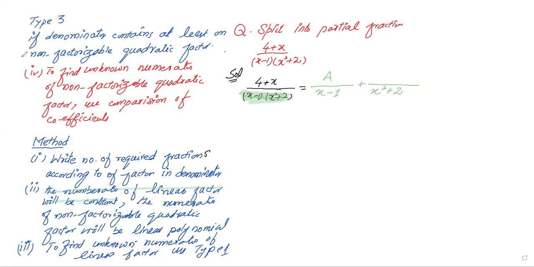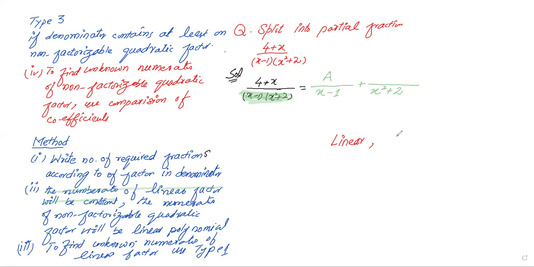Before writing the numerator of the second fraction, I will explain the basic things with the red marker. What's the meaning of linear? A polynomial is called a linear polynomial if the power of the variable is 1 and no other power.